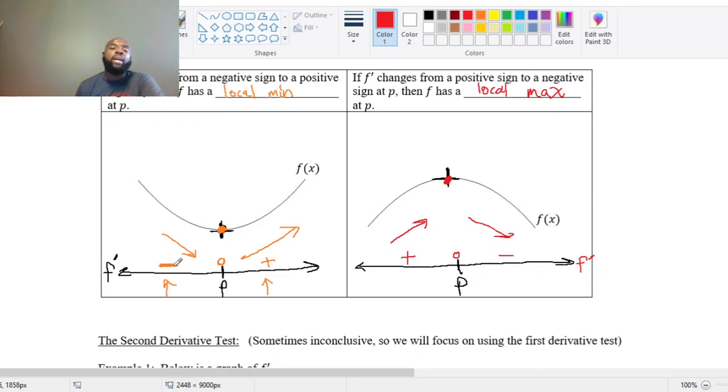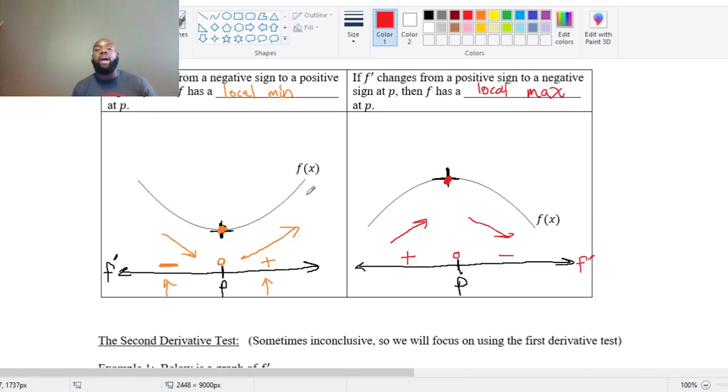Now, remembering negative to positive or positive to negative may be hard to do because you can easily get messed up. But remember, when your derivative is negative, your function is decreasing. So I like to draw arrows from left to right going down on a decreasing interval, a negative interval for my first derivative. And then I like to go from left to right, but in the upward direction when my derivative is positive, because you can kind of see what's happening here: negative, positive.